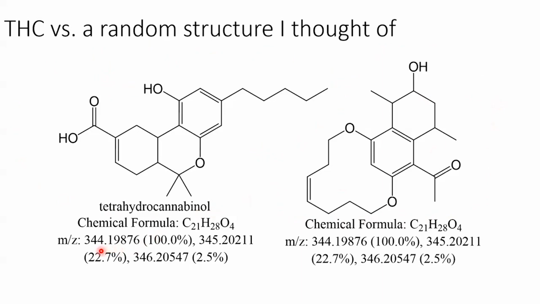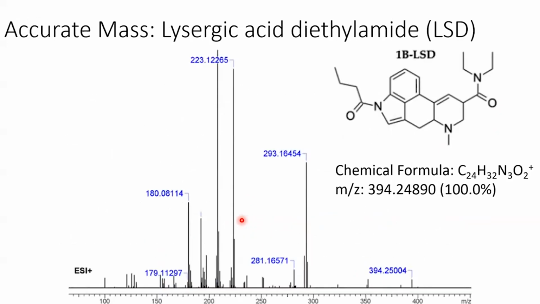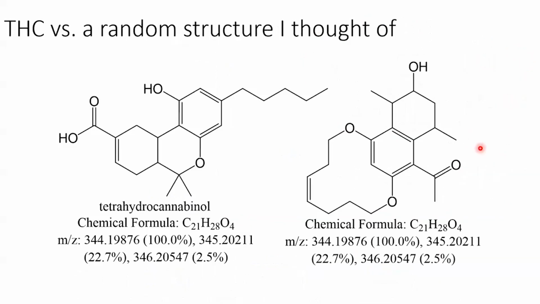And yet when we predict what the mass to charge ratio we should see for the molecular ion is, it's identical between the two because they have the same chemical formula. So just because you get a matching molecular ion that matches the chemical formula, you can't make that deductive leap to then say, oh, it must be this LSD molecule, because it could be something that just happens to have an identical chemical formula, as unlikely as that might be.